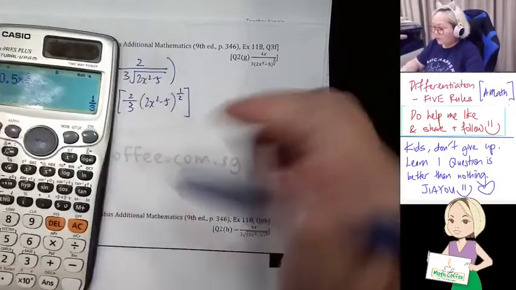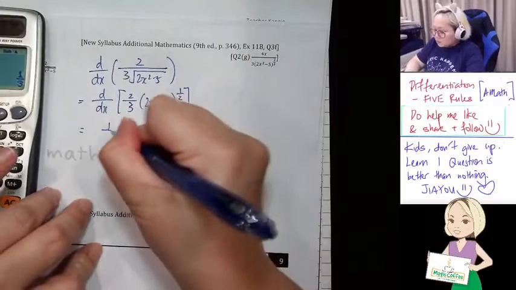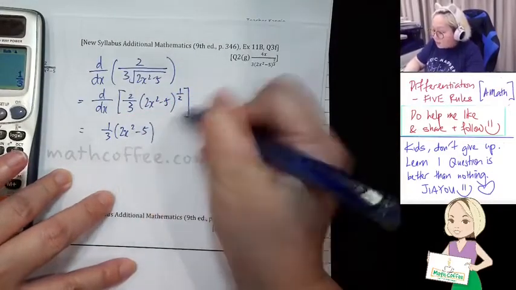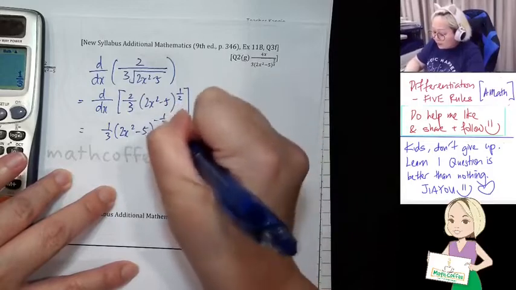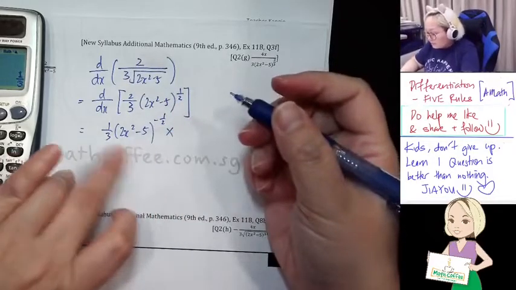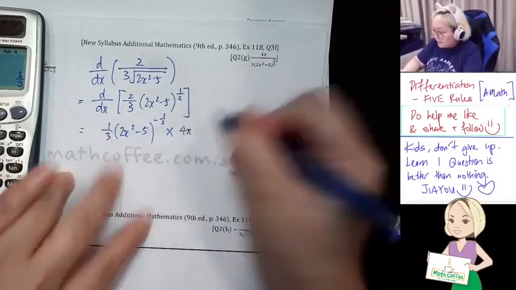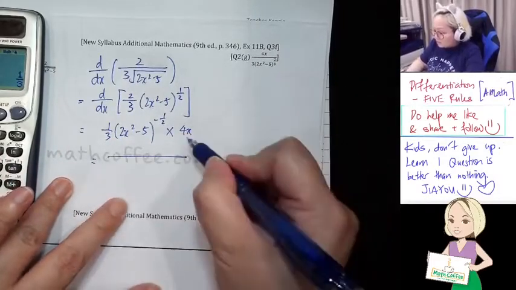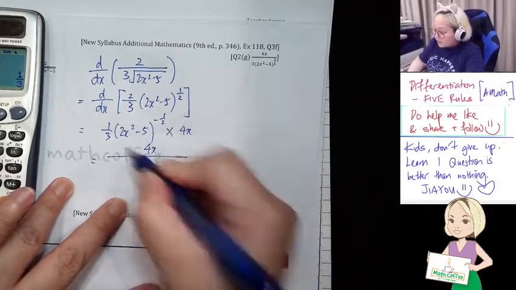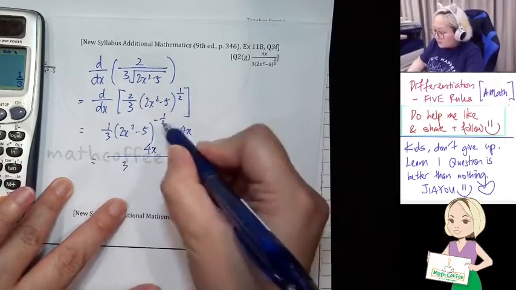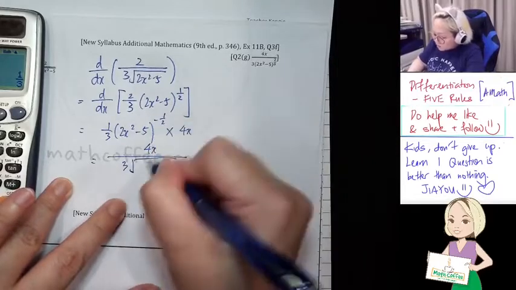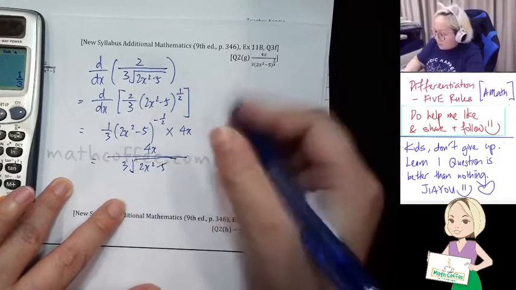So it gives me 1/3, bracket bring down, power minus 1, half minus 1, so it's minus half, multiply by differentiate inside, which is 4x. So minus half, so I know I will have a fraction. 4x, put it at the numerator. This 3 will be at the denominator. This minus half means it's square root. So it's square root 2x squared minus 5. Done.